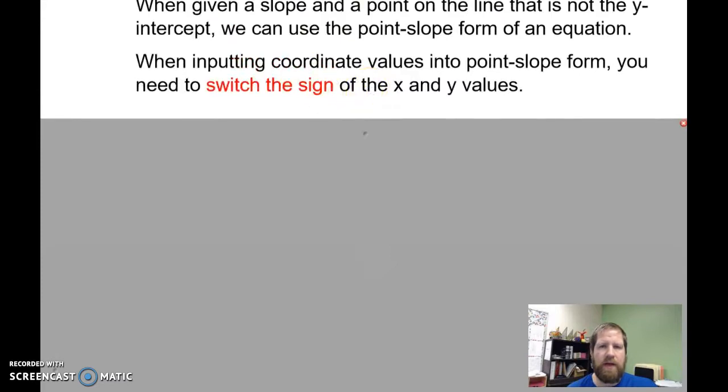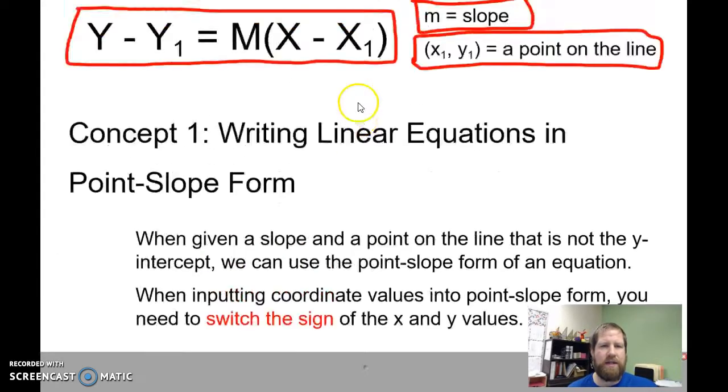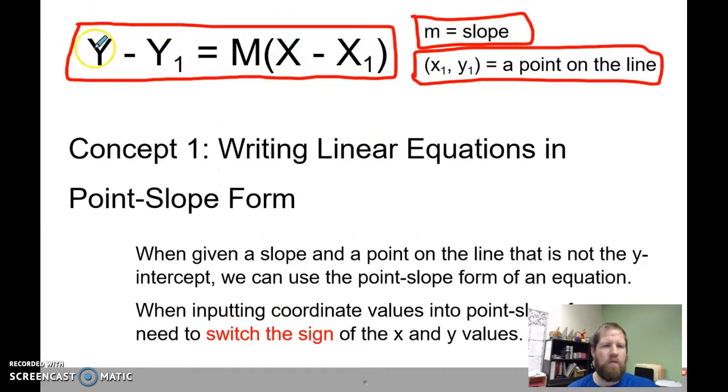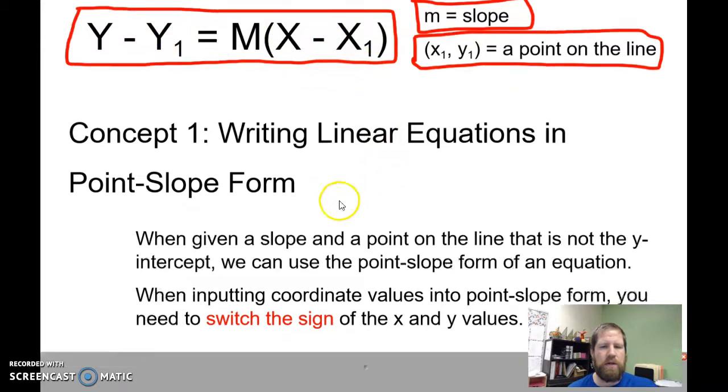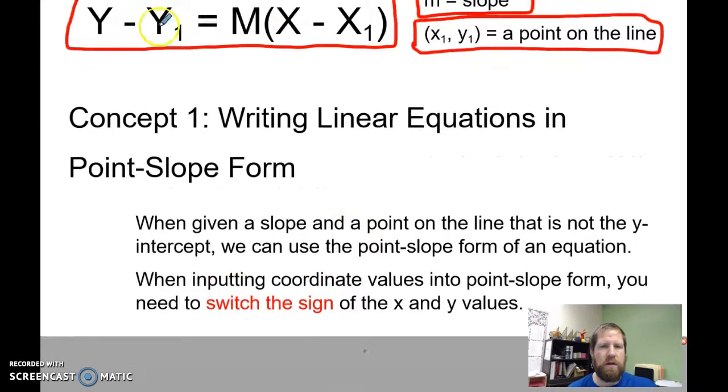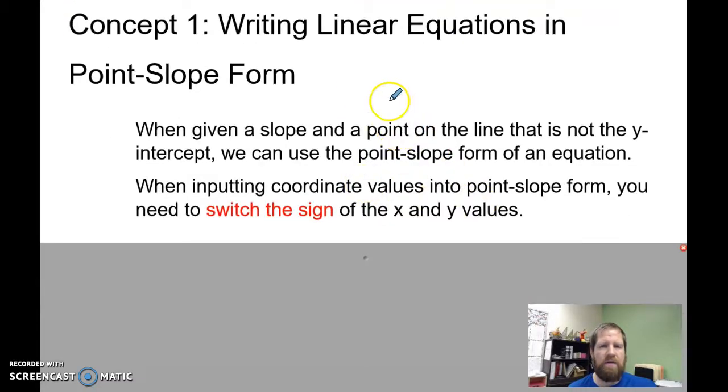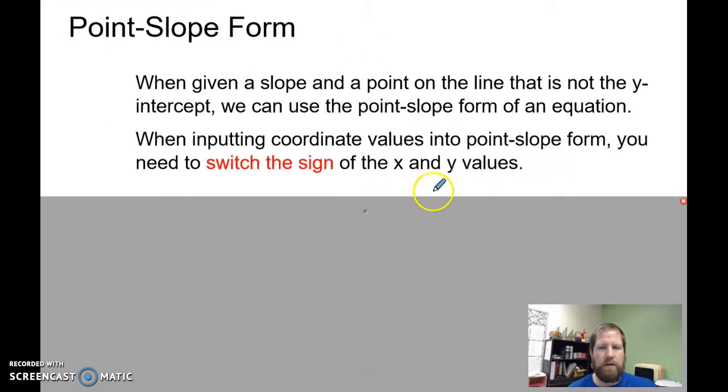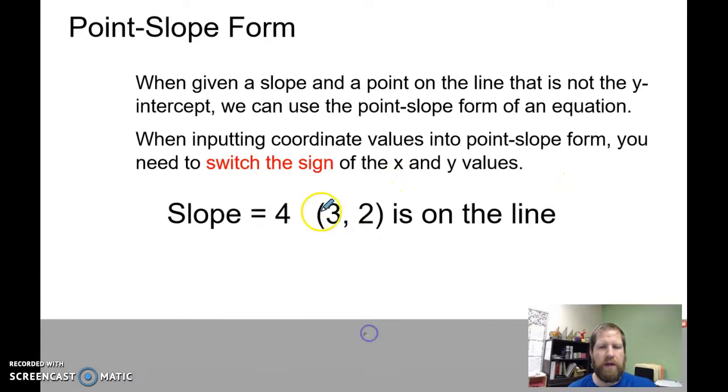The other thing, and this is important, make sure this is in your notes, because you see we have y minus y1 and x minus x1, because those are negative values. Okay. When you have a coordinate and you are putting it into point slope form, you're going to switch the sign. Okay.